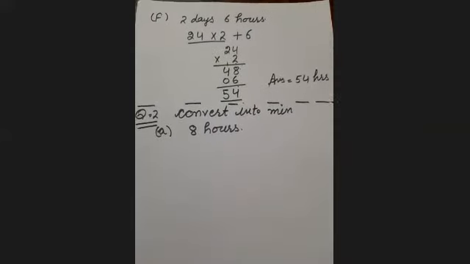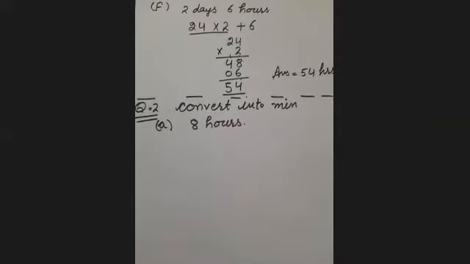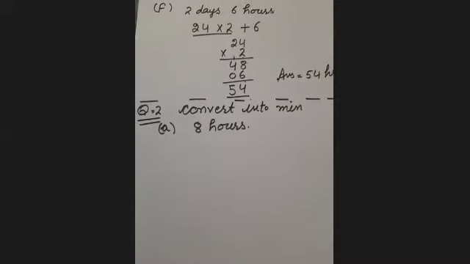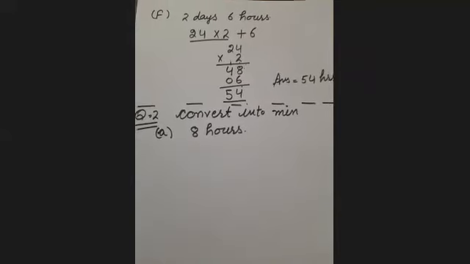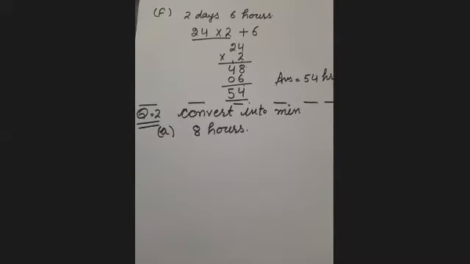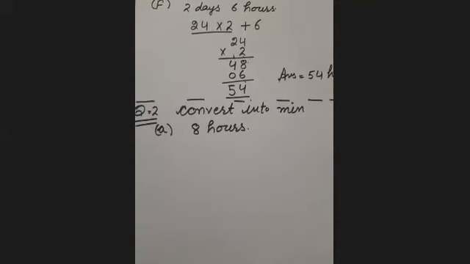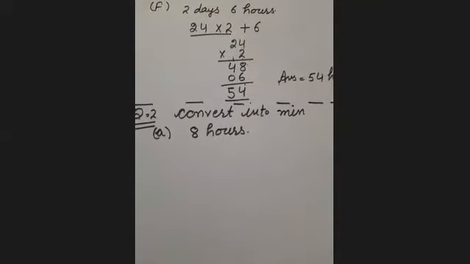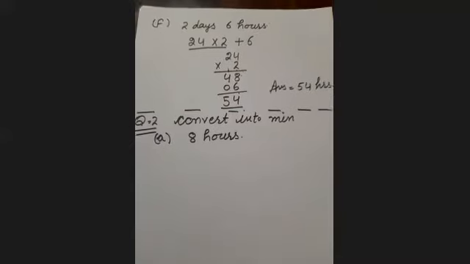Now, friends, convert 8 hours into minutes. As you know, in 1 hour, we have 60 minutes. So, we'll multiply 8 by 60, because in 1 hour, we have 60 minutes.